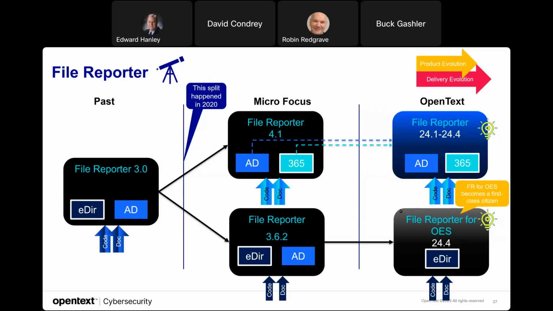One of the problems we had was that we never took the AD stuff out of it. Well, now the AD stuff is out. It's completely dedicated to OES and eDirectory infrastructures.